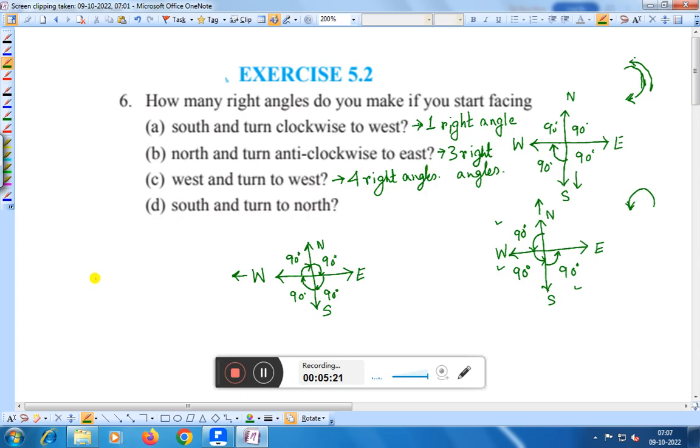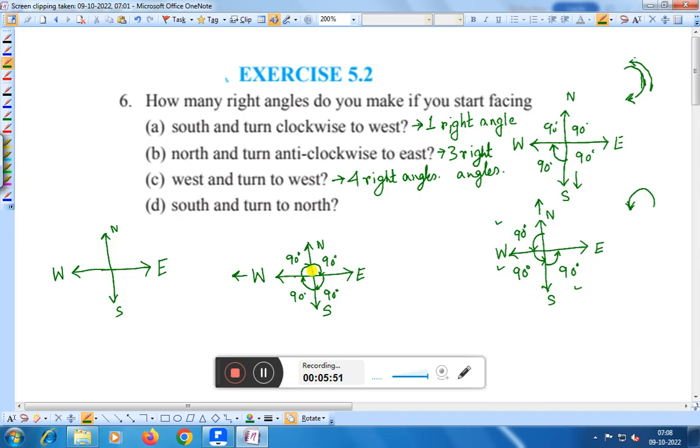Right? Now question number D is south and turn to north. We'll make the directions first. This is east, and this is west. This is north, and this is south. In question number C, if we go in the anti-clockwise direction also, we are getting 4. Why? Because here west and turn to west. This is the clockwise direction, this is the anti-clockwise direction.